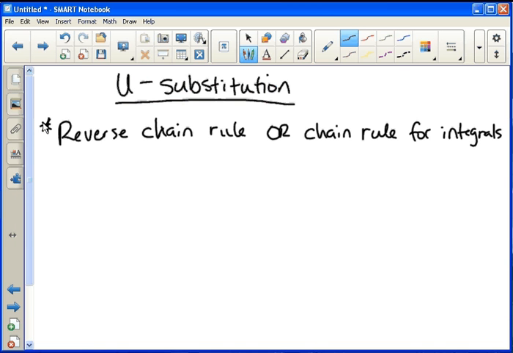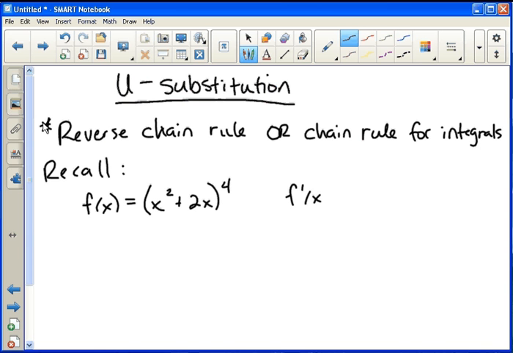Let's really quickly just remind ourselves what the chain rule looked like. So for example, if we had f of x equals x squared plus 2x to the fourth, when we took the derivative, we did the derivative of the outside, which was that exponent of 4, gave us 4 times x squared plus 2x cubed, and then we would multiply by the derivative of the inside, which was 2x plus 2.